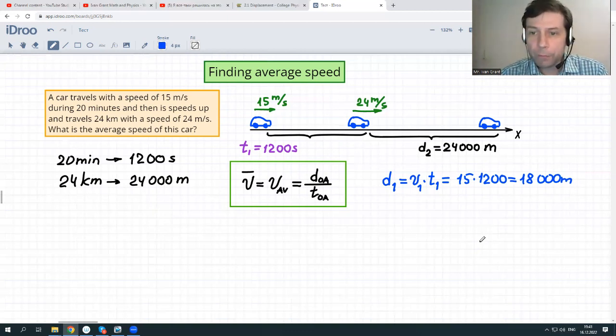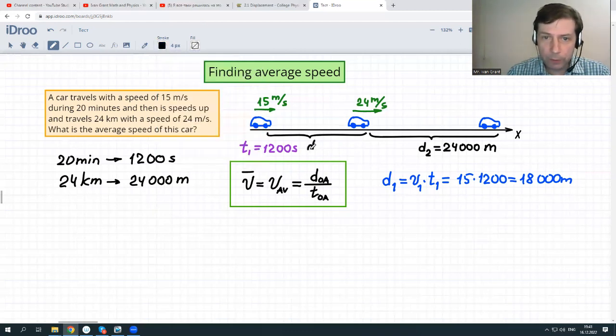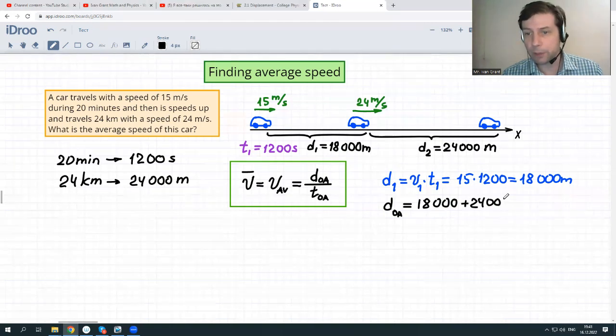What can we do next? Let's just mark it here. So D1 is equal to 18,000 meters, like that. Cool. Now we have both parts of the distance. The total distance, overall, as we mentioned, is just 18,000 plus 24,000. Pretty easy to calculate. It's 42,000, I guess. You could correct me if I am mistaken.